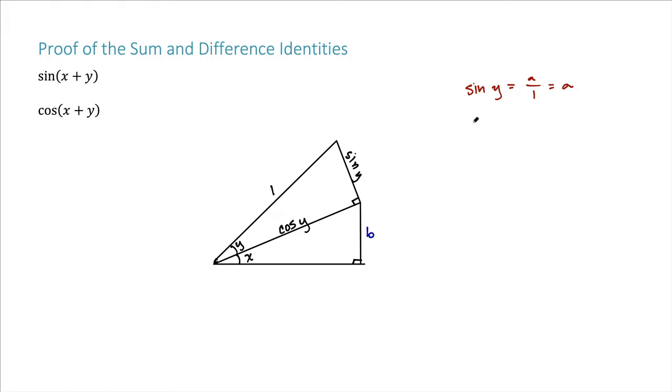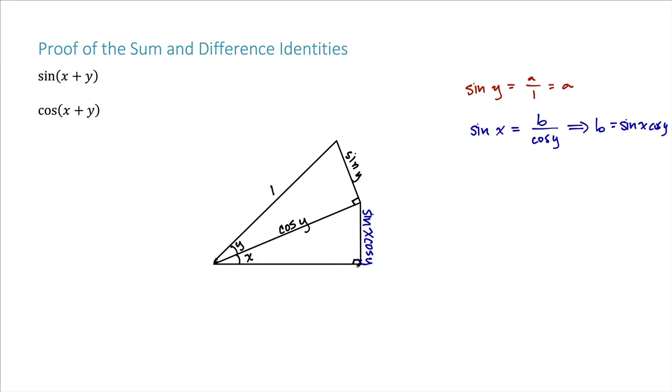I can use the sine of x, and sine of x is opposite over hypotenuse, so that would be b over cosine of y. And so I can solve for b here and get b equals sine of x times the cosine of y. So that's this length right here. I'll go ahead and now fill that in. So I've got sine of x cosine of y.